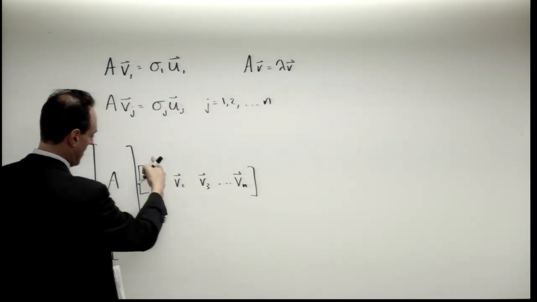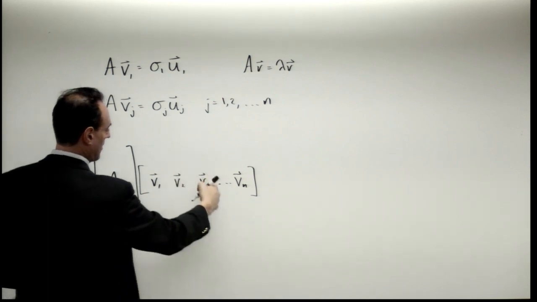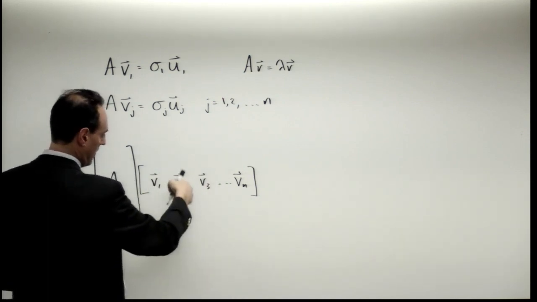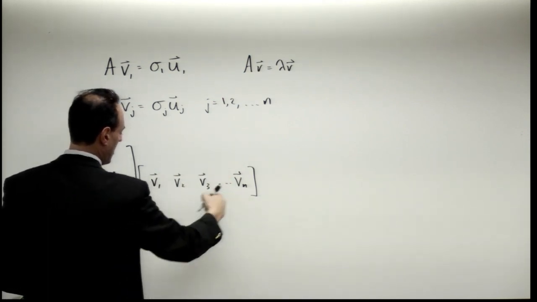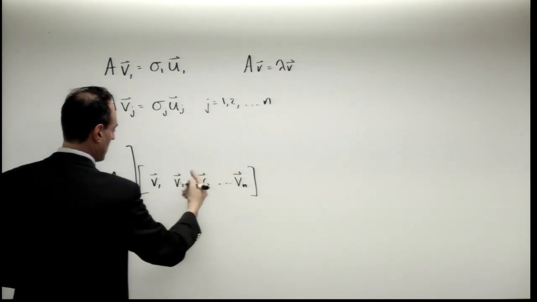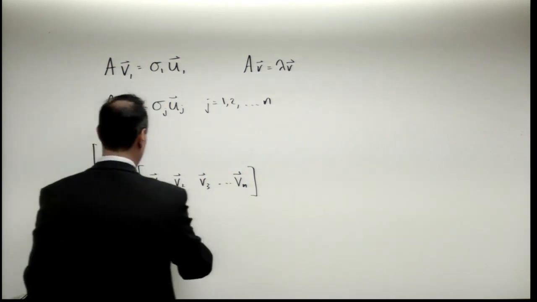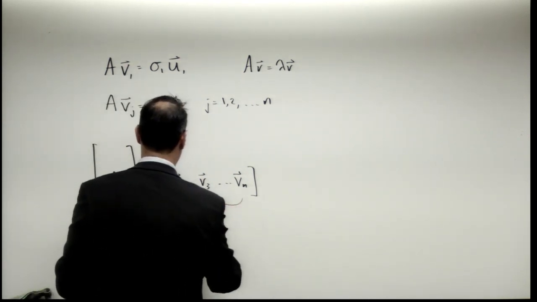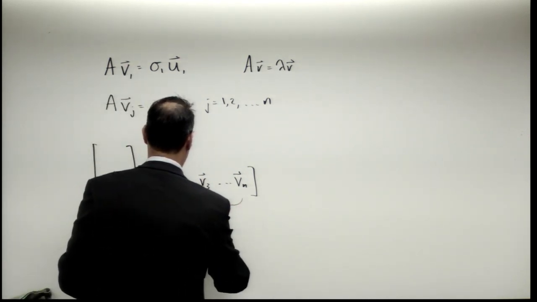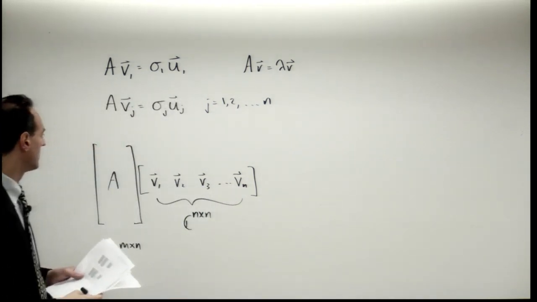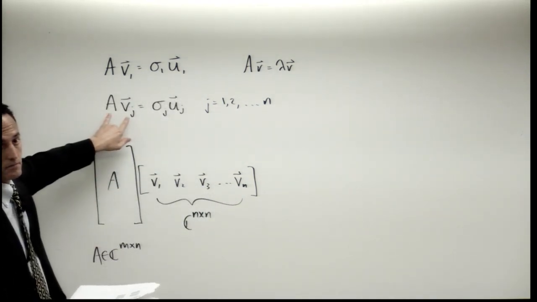The columns of this matrix are V1, V2, V3, V4, all the way to V of n. So this has n columns, and there are n rows. So this thing here should be n by n. So that's the left side.